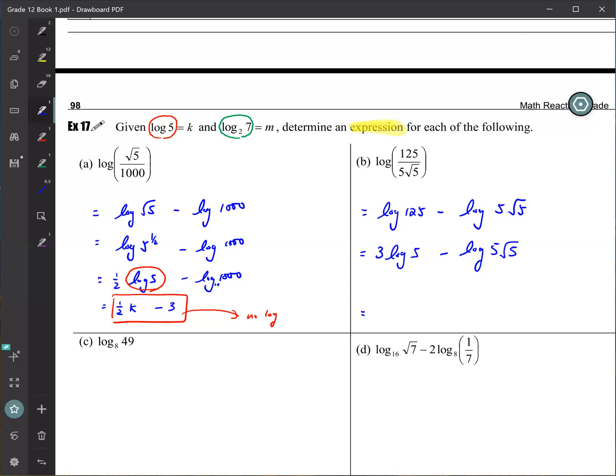Can you tell me what you can do with the 5 square root 5? 5 to the power of 1 over 2. 5 to the 1 over 2 is the square root 5, right?